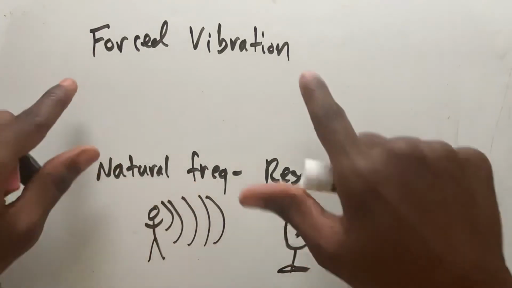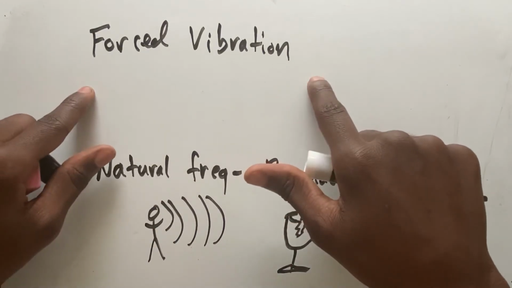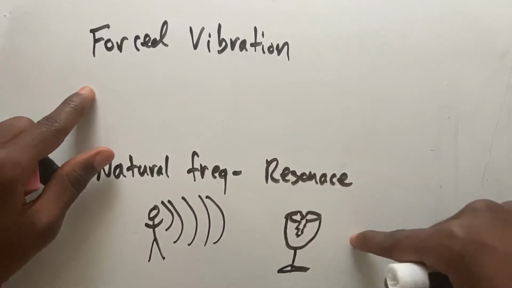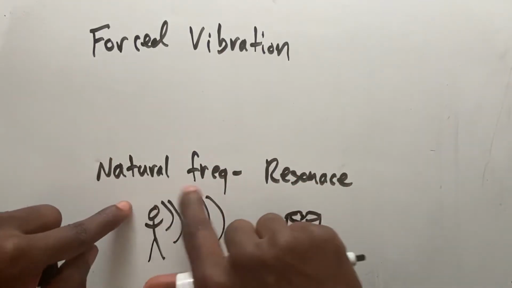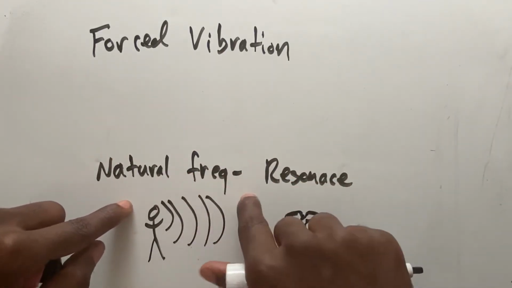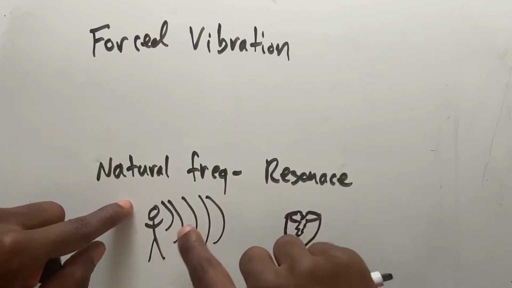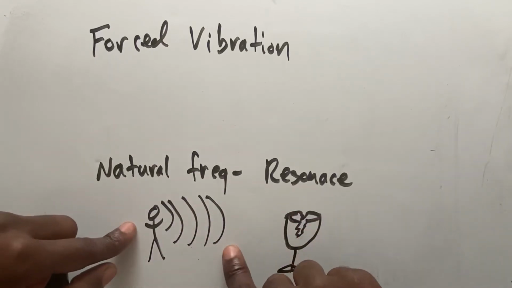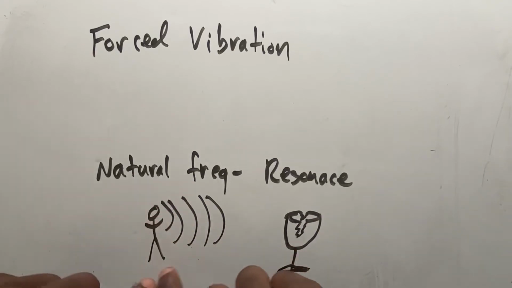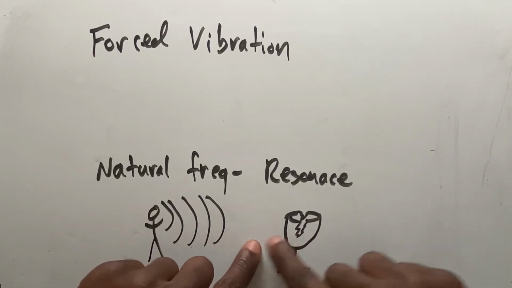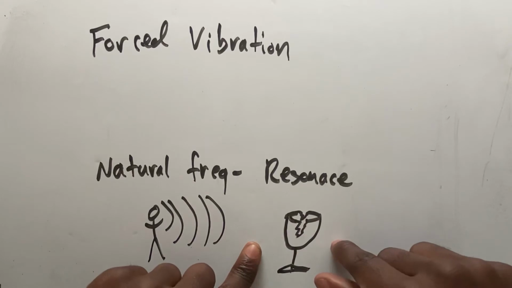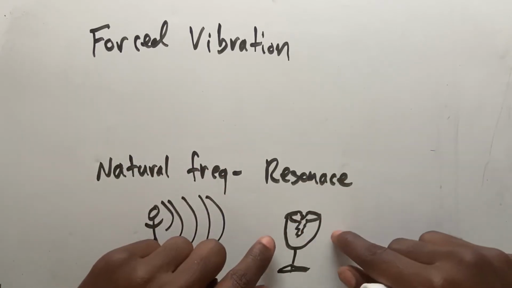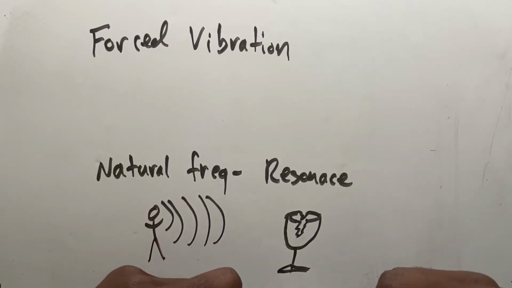If you were to shake it with a forced vibration, it may not actually break. But she can sing the natural frequency, even if she may not know the number. And this natural frequency is hitting this glass, causing it to vibrate just right, and then it's going to shatter and break.